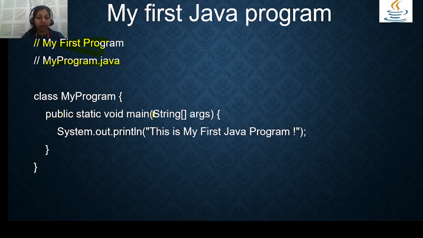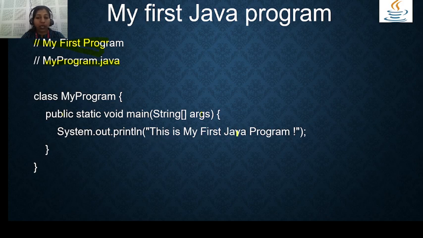Keep this in mind. Then next we are providing the parameter, string array of args. So in the main method we are passing the string array with the name args. You can rename args as per your choice. And then we are just printing this line: This is my first Java program.